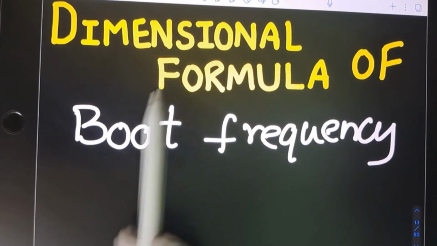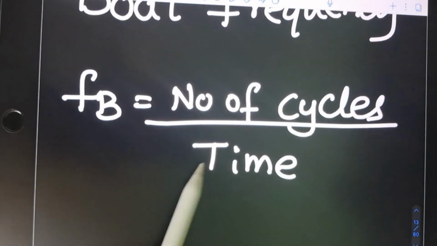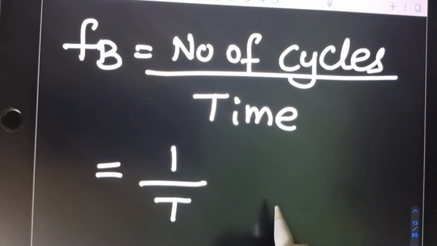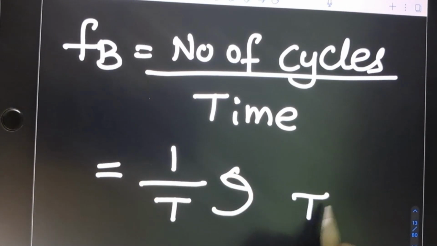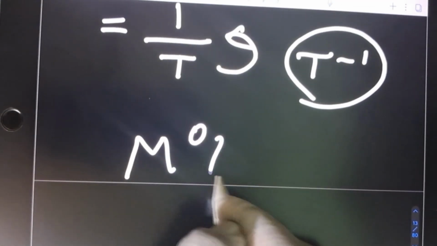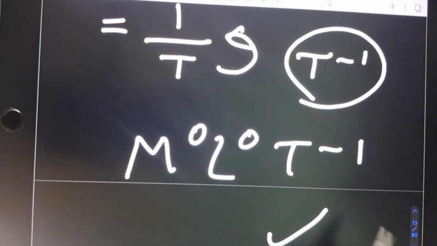To find the dimensional formula of frequency, the formula is number of cycles by time, nothing but 1 by T. On inversion of time, it will be T power minus 1. So M power 0 L power 0 T power minus 1 will be the dimensional formula of frequency.